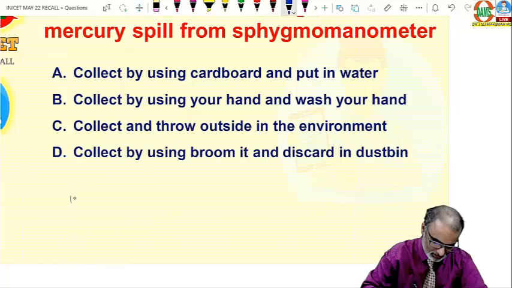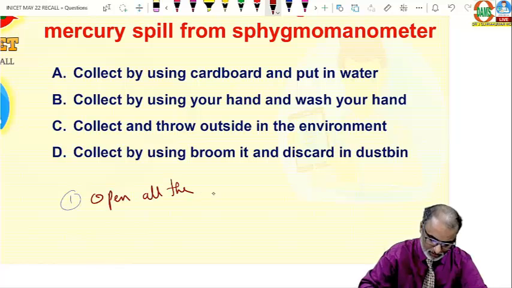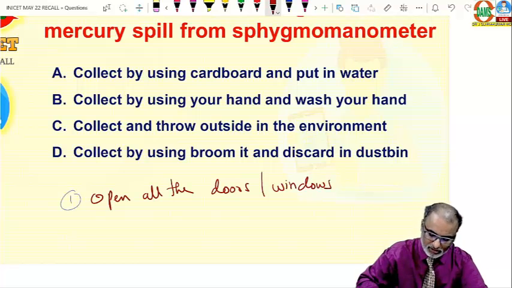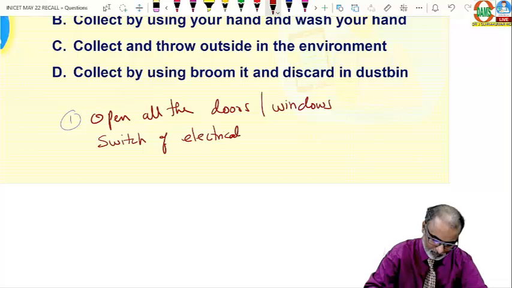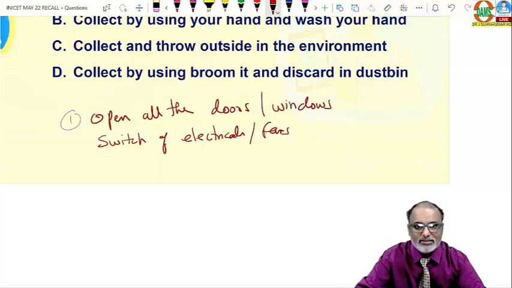Number one, what you need to do is open all the doors and windows and switch off the electricals and fans, because they will allow the mercury to spread and it easily becomes vaporized.